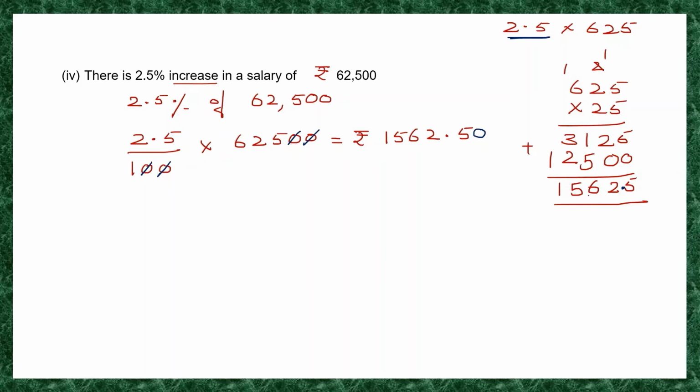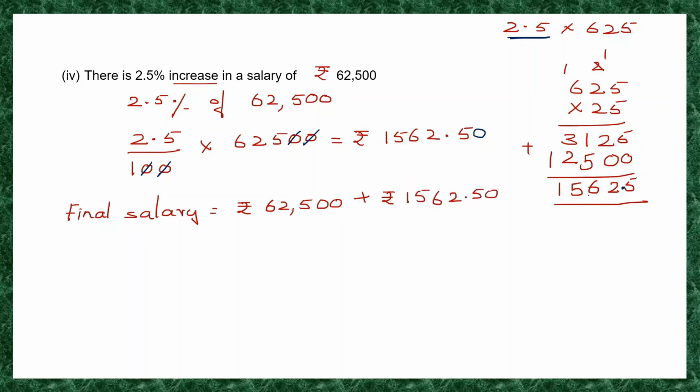This is so much. Now I need to add it to the salary to find out how much the final salary is. So the final salary will be rupees 62,500 plus rupees 1,562 and 50 paisa.